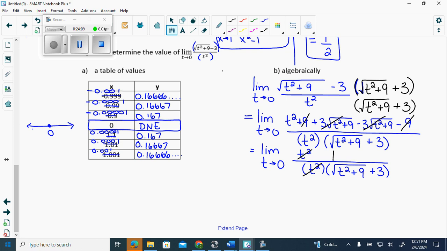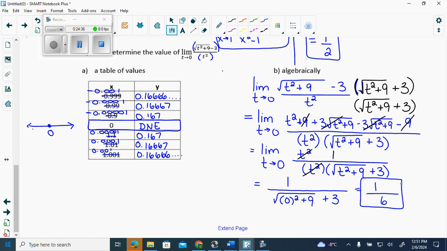So I'm going to be left with equal to 1 over, no limit, so I'm going to plug in 0. 0 squared plus 9 plus 3, which is 1 over square root of 9 plus 3, which is 6. And 1/6 is actually what this is getting closer and closer to.